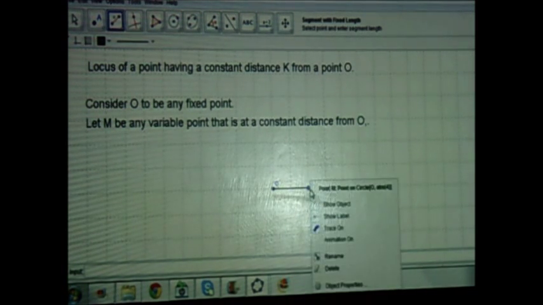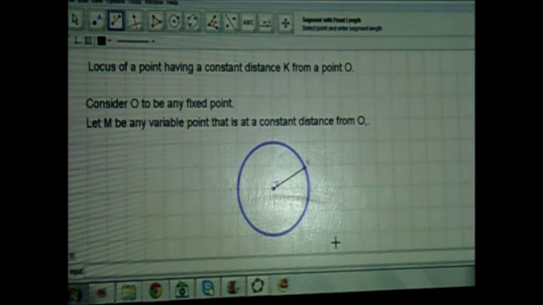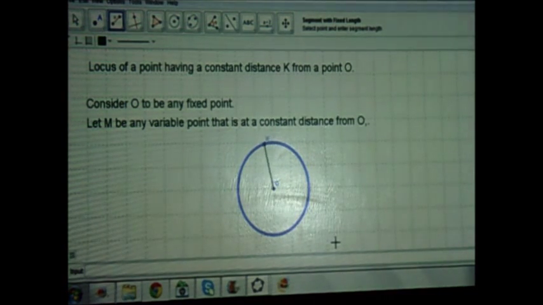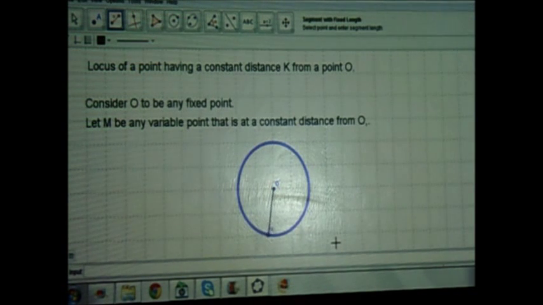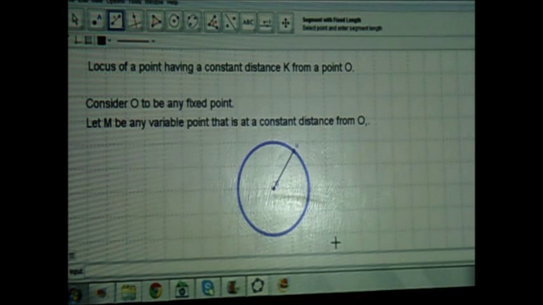Now we turn on the animation. We can directly see that this point M is moving on a circle of center this fixed point O, and the radius of this circle is equal to the distance from O to M, which is k.